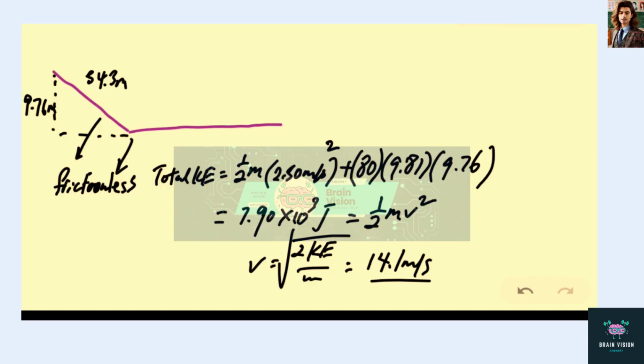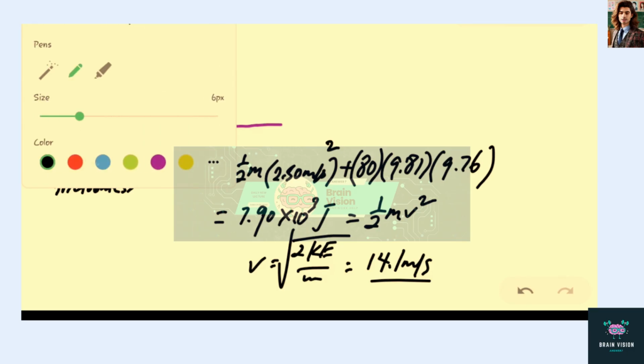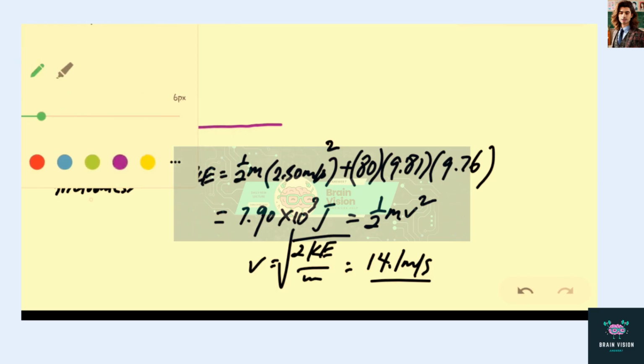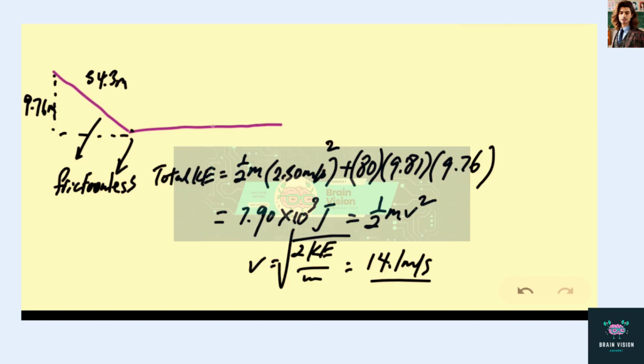Now, we are given that the total distance that the rider can actually travel after he hits the water over here is probably around 50 meters. So we want to model the water as exerting a constant frictional force or retarding force on the sled.